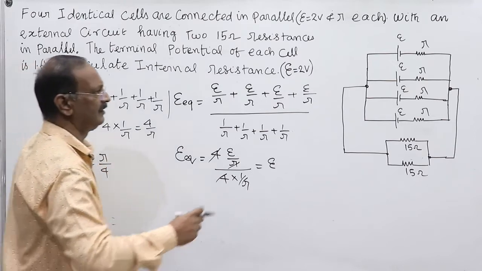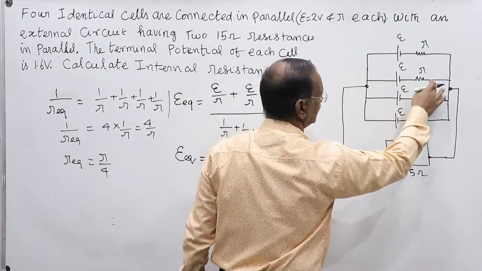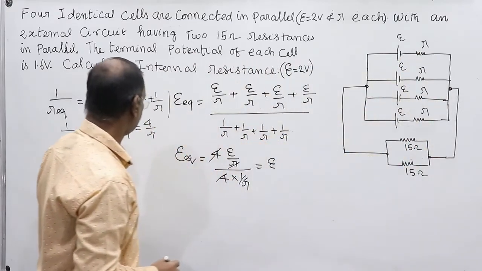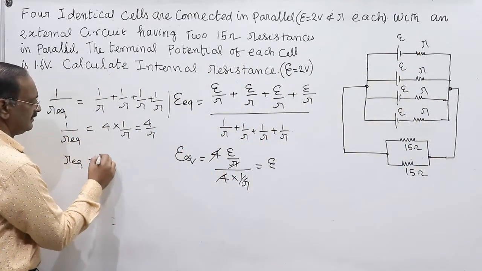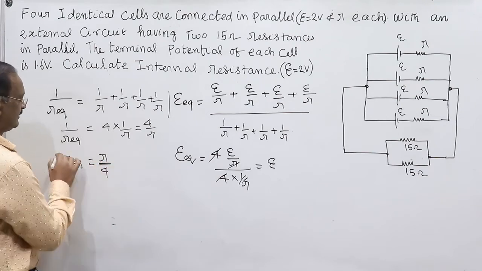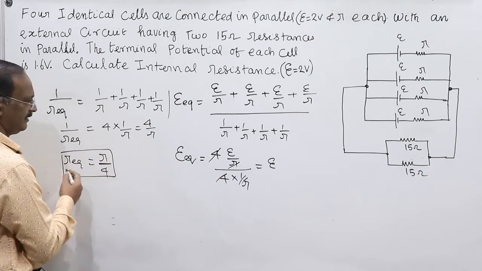All the 4 resistors are in parallel. To get this, take any one of the resistors divided by the number of resistors. This is the expression for R equivalent.